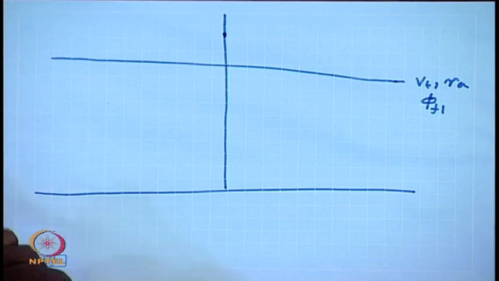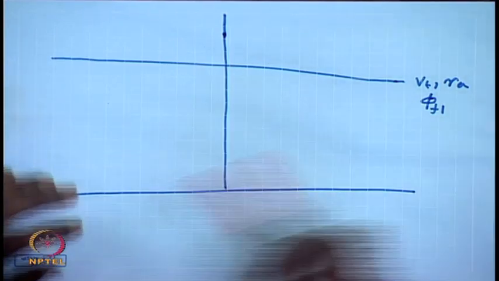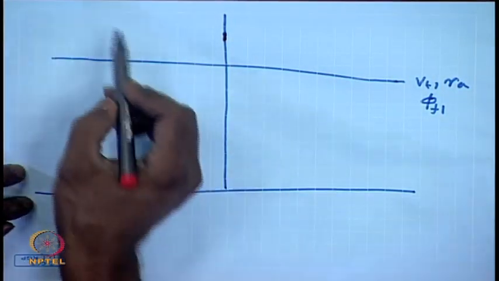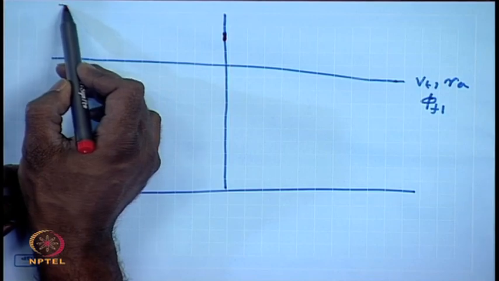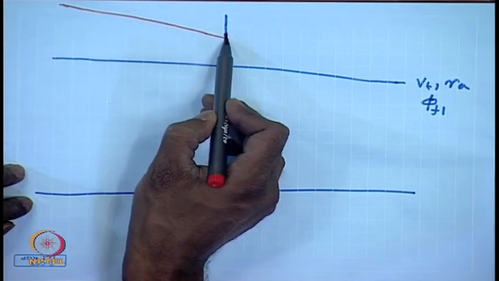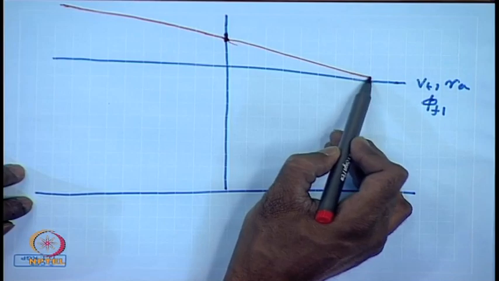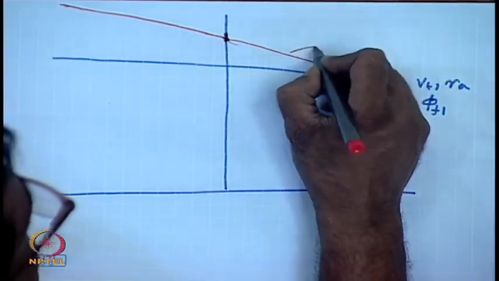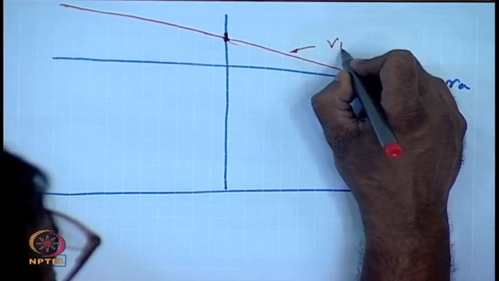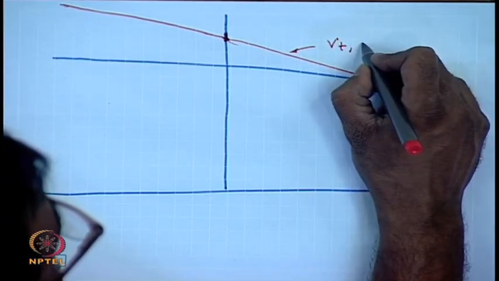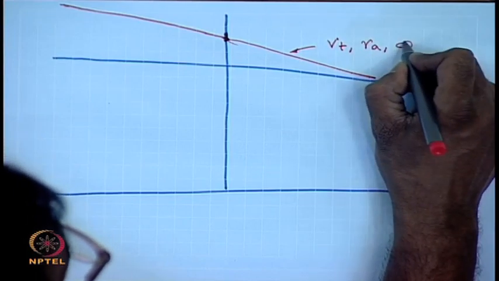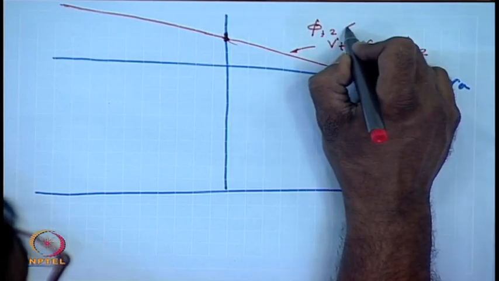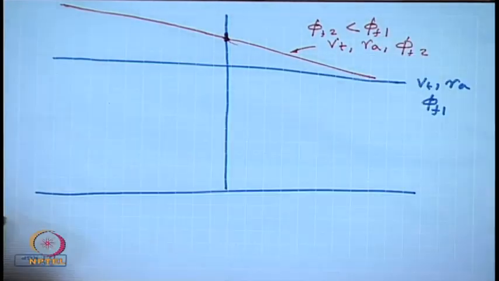Suppose I reduce the field flux to a value phi f2, then naturally the no load speed will increase, but the slope will also increase. This is VT, RA, phi f2 with phi f2 less than phi f1.